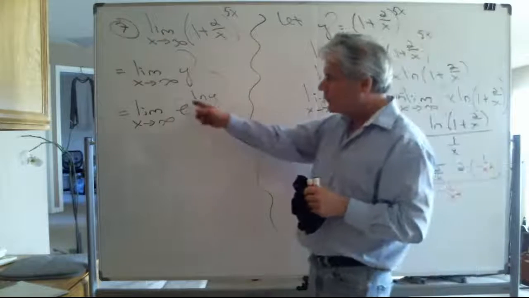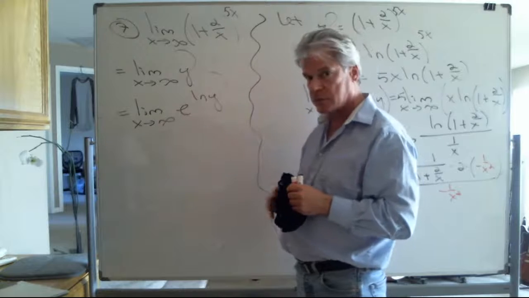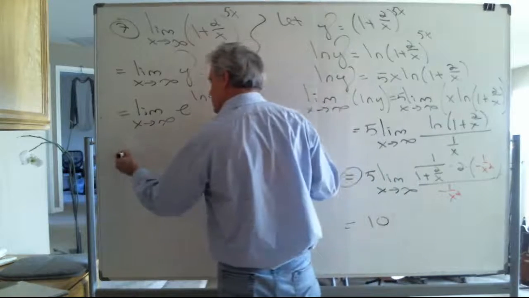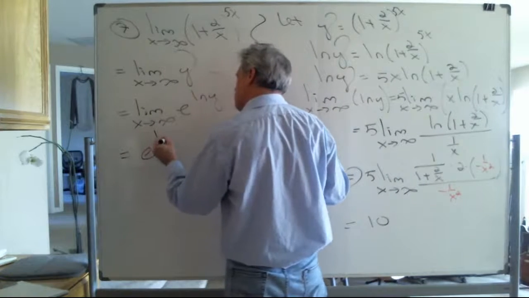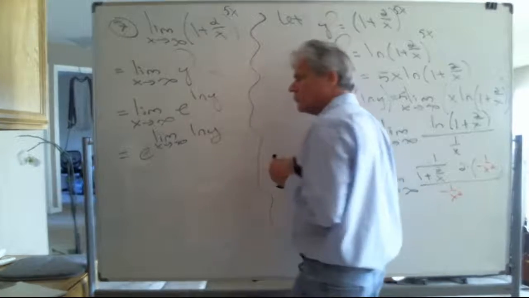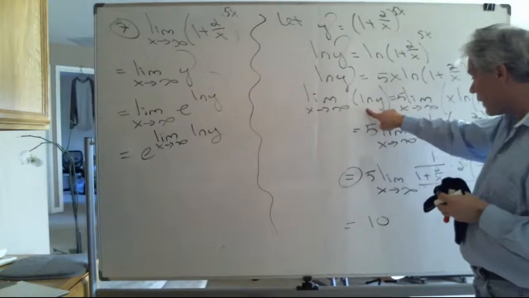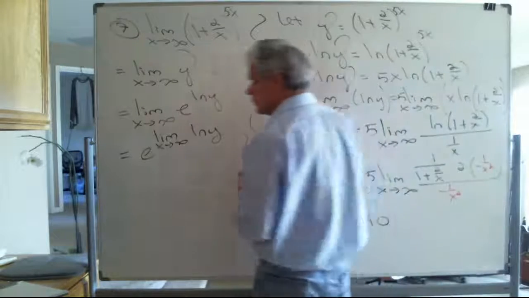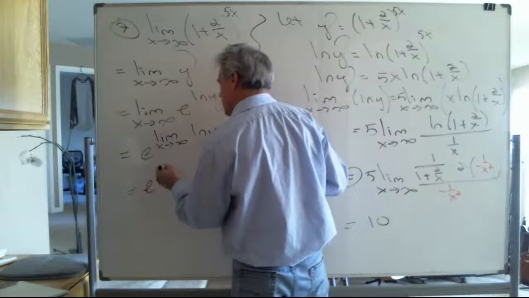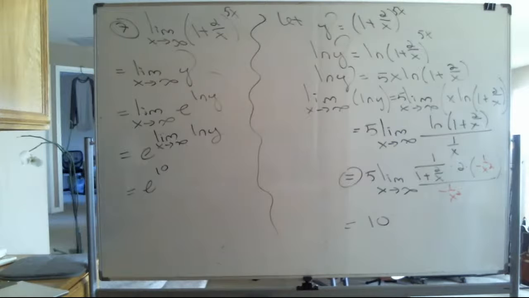Now, there may be a bit of functional composition here, but if the outer function is continuous, then I can bring the limit in. Now look at the exponent. That's the limit of the natural log of y, and I've already figured out that that evaluates to 10. I've evaluated the limit.